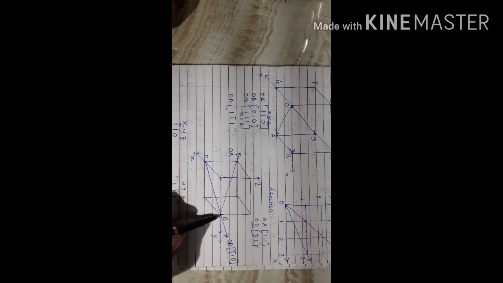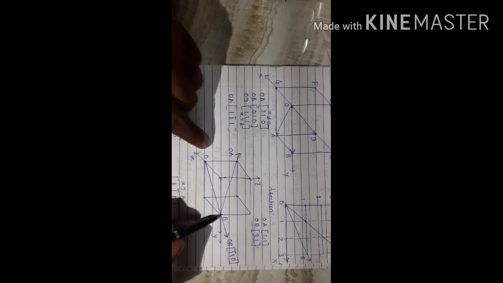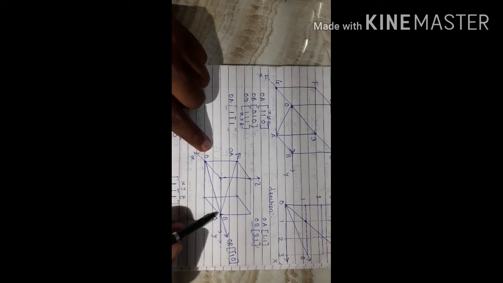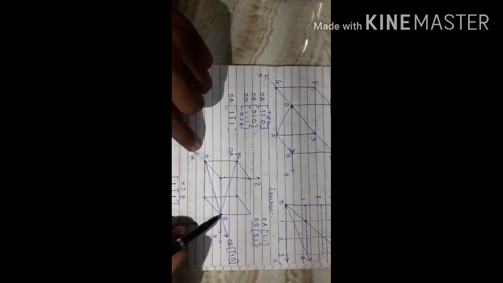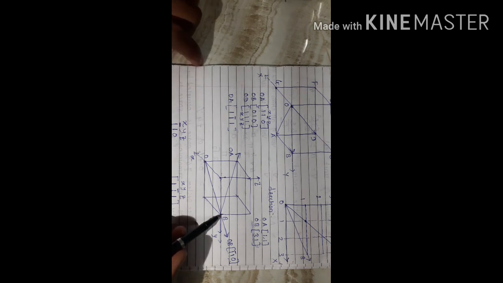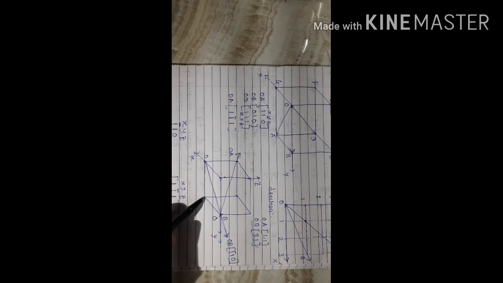Then first along the x-axis is 1 unit. This is the x-axis, because this is parallel. Then negative 1 along the y-axis, where this is x and this is y.